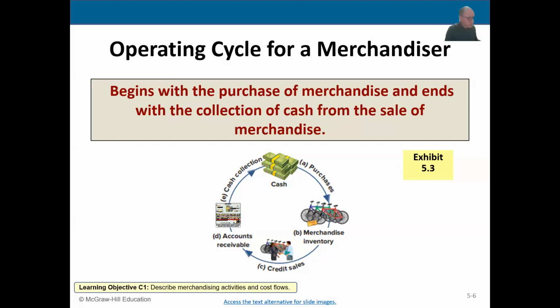The company then sells that inventory to customers either through cash or accounts receivable. Remember, accounts receivable is when a customer owes the company money but hasn't paid it yet. And eventually we collect that receivable, it becomes cash, and then we do it all over again. That's what we call the operating cycle for a merchandise company. Cyclical.